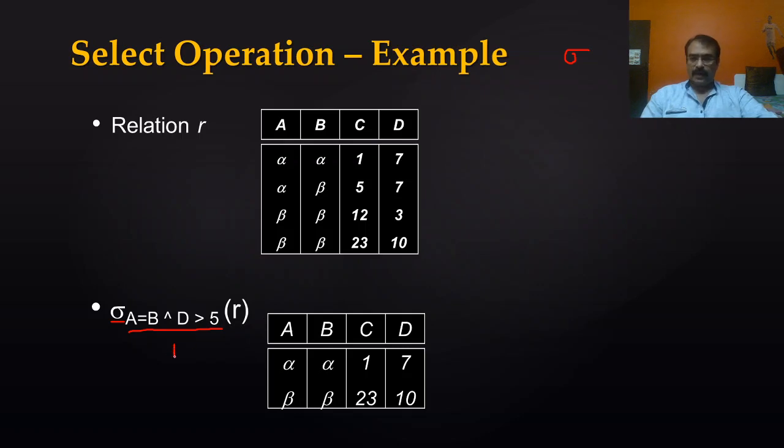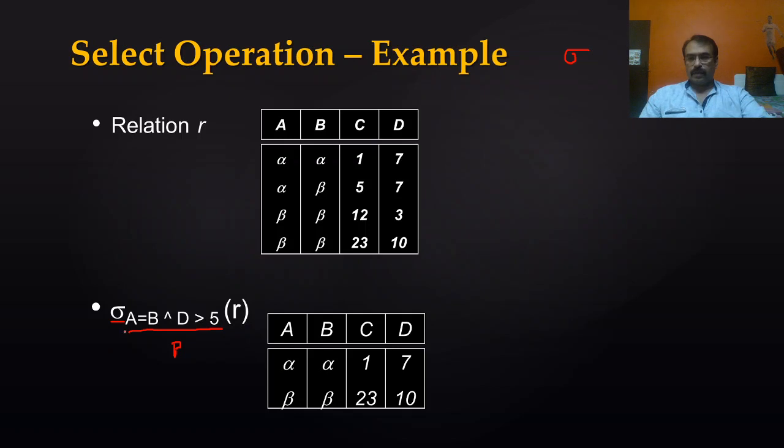These are the predicates. These are the conditions which we are mentioning in the where clause of SQL. Similarly, the conditions are mentioned as a subscript of sigma in relational algebra. There we are writing in where. Here we are writing with sigma.